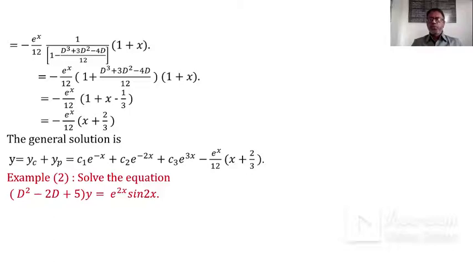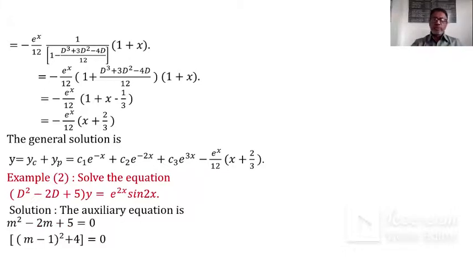For that, we first take the associated homogeneous differential equation and consider the auxiliary equation. We obtain the auxiliary equation m square minus 2m plus 5 equals 0.